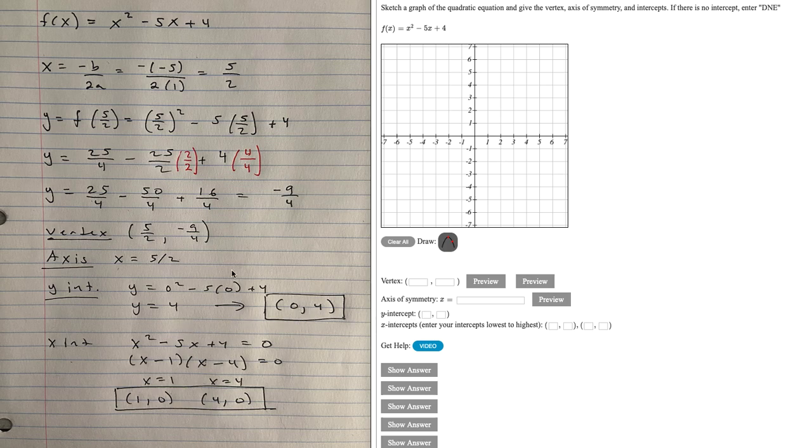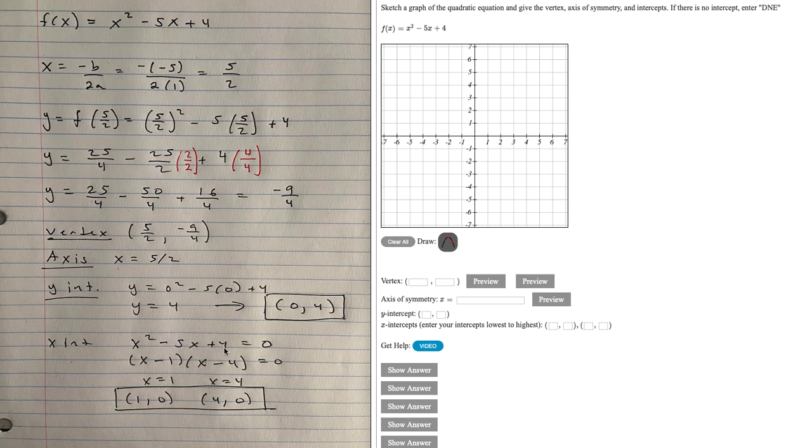For our y-intercept, we love y-intercepts. They're usually not bad. We just let x equal 0, so 0 here, and that leaves us at 4. So for a y-intercept, we're letting x equal 0, and then to do the x-intercept, we're going to let y equal 0. And so that's often going to be factoring. Hopefully it factors.